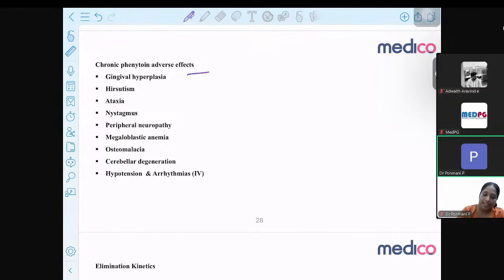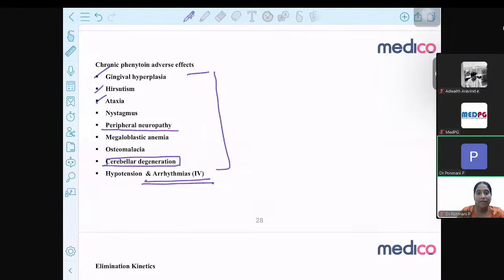And it has a list of adverse effects: it causes gingival hyperplasia, hirsutism, ataxia, peripheral neuropathy and cerebellar degeneration, and also arrhythmias when given via IV, especially when given via fast IV. So you need to remember the adverse effects of phenytoin.